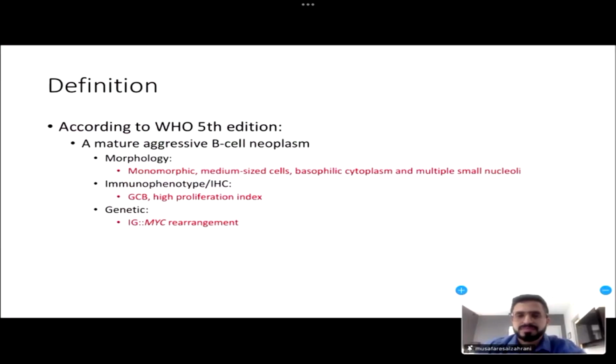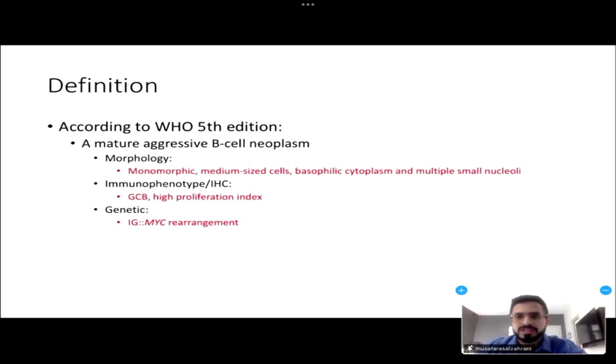So, according to the recent WHO fifth edition, the definition of Burkitt's lymphoma is a mature, aggressive B cell neoplasm that has three features, basically morphologically and immunophenotypically, as well as genetically. Genetically, we all know that the classical genetic abnormality in Burkitt's lymphoma is the MYC translocation with an immunoglobulin gene.